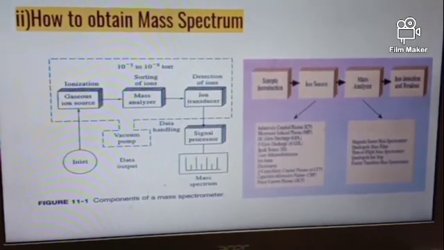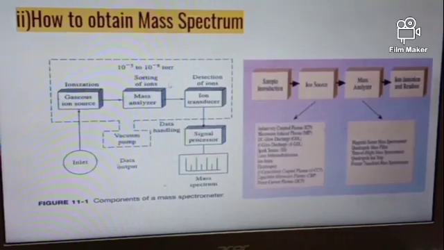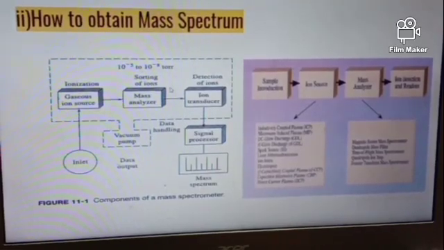Next, the function of the mass analyzer is analogous to the monochromator in an optical spectrometer. In a mass analyzer, however, this function depends on the mass to charge ratio of the analyzed ions rather than on the wavelength of photons.